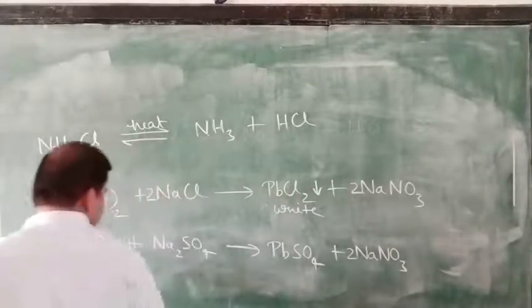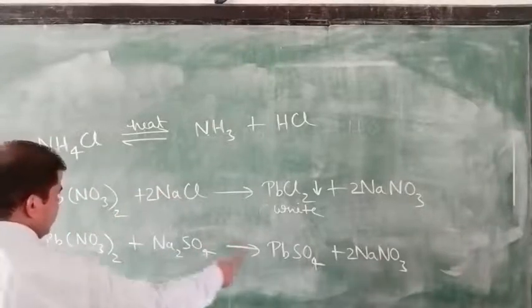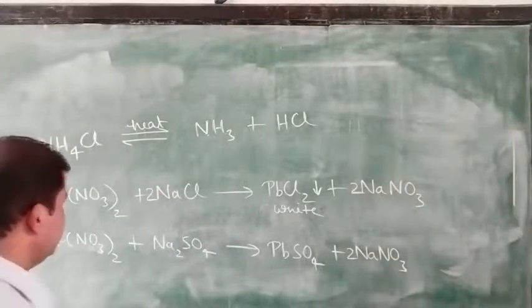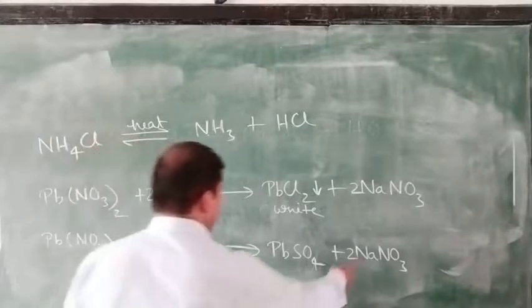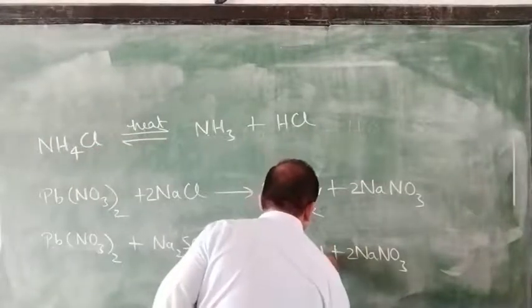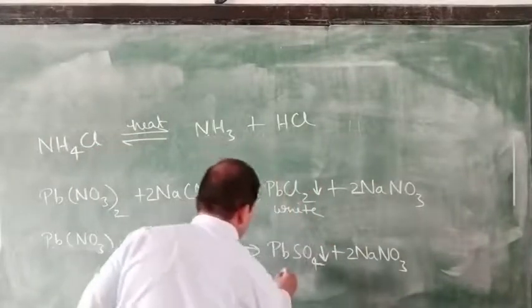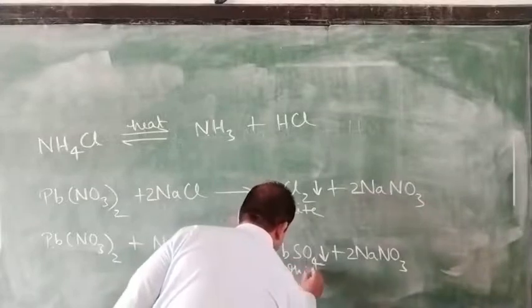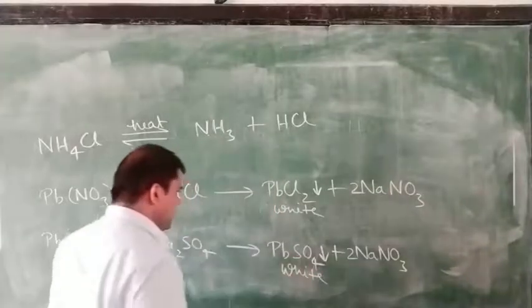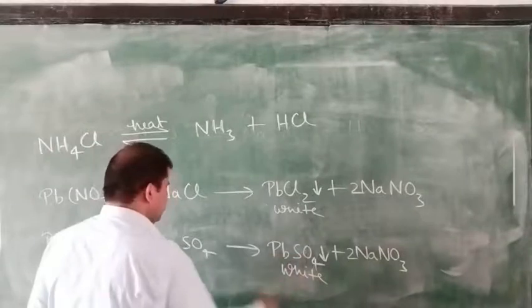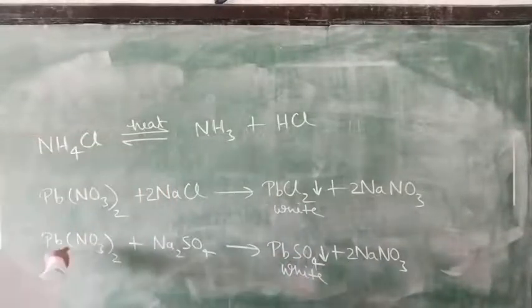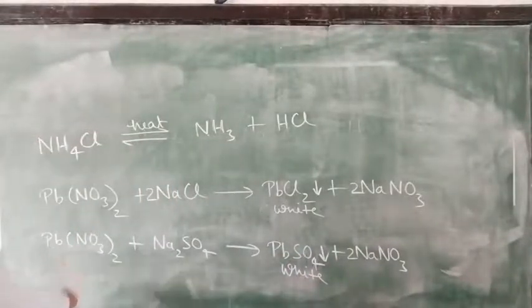So here after balancing, lead sulfate PbSO4 we are getting and sodium nitrate NaNO3. This PbSO4 is the white precipitate. So this is insoluble lead salt PbSO4, and Pb(NO3)2 is the soluble lead salt.